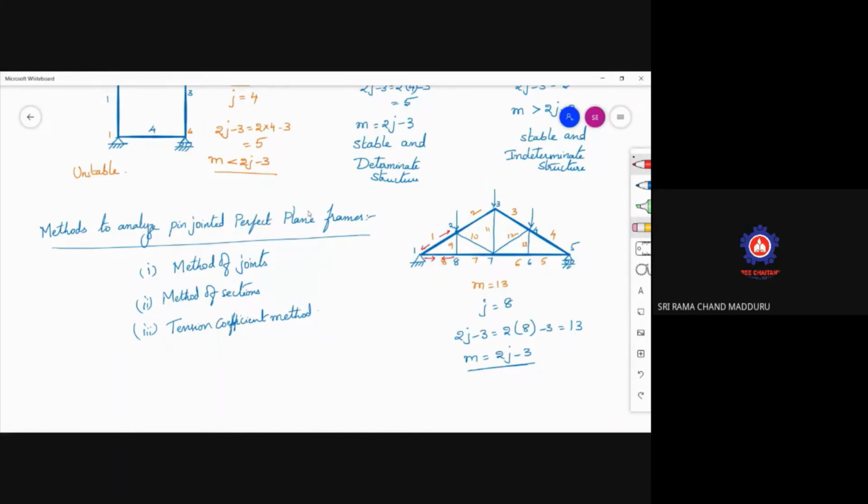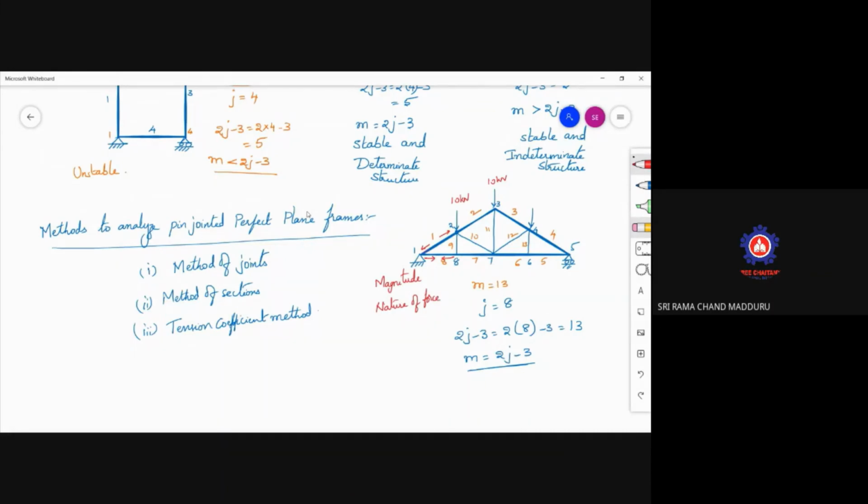For example, a 10 kilonewton vertical load is coming onto the member. Then for this type of loading, how much force is there? So you are going to calculate the magnitude, which is the quantity, and the nature of the force.